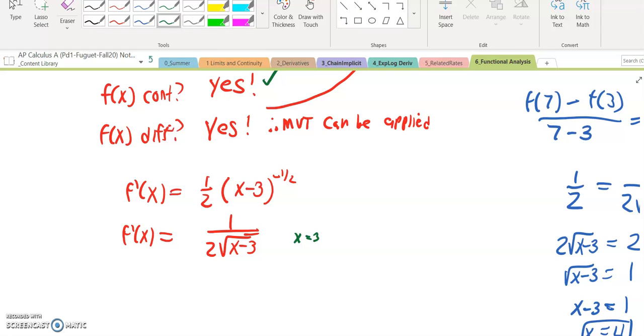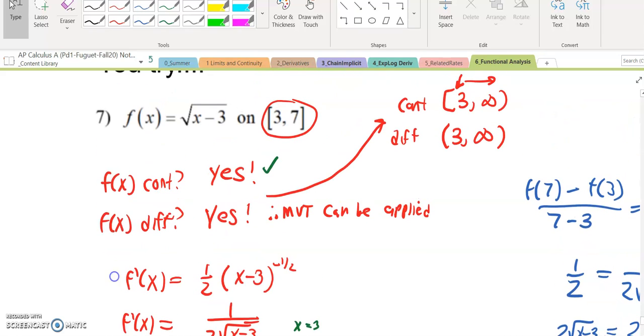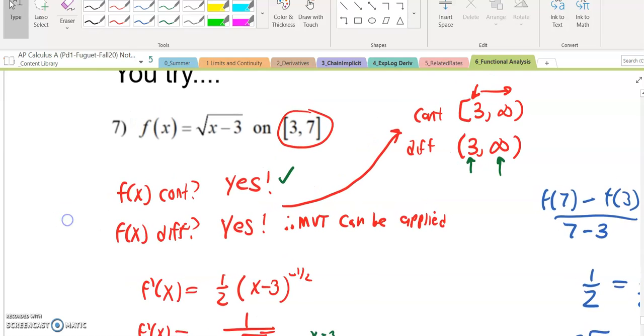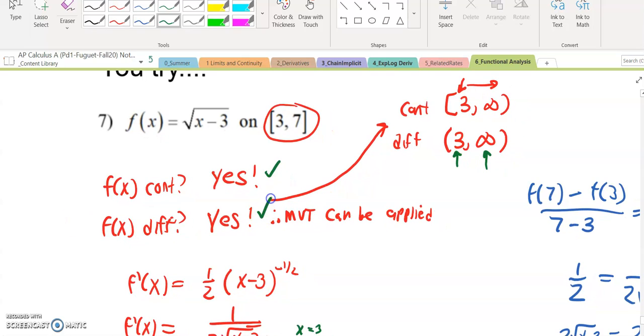But keep in mind that the mean value theorem says it has to be continuous on the closed interval and differentiable on the open, meaning as long as I can take derivatives between 3 and 7, I'm fine. And because it's differentiable from 3 onward, we can indeed say that it's going to be differentiable. So this is a yes and a yes, even though it's really close to being not. If it was 2.99, it'd be no now, all right?